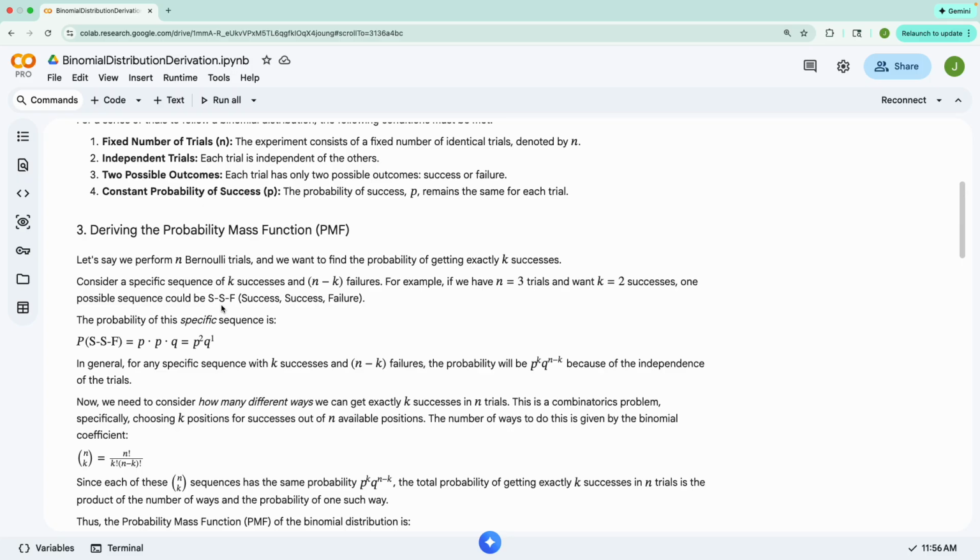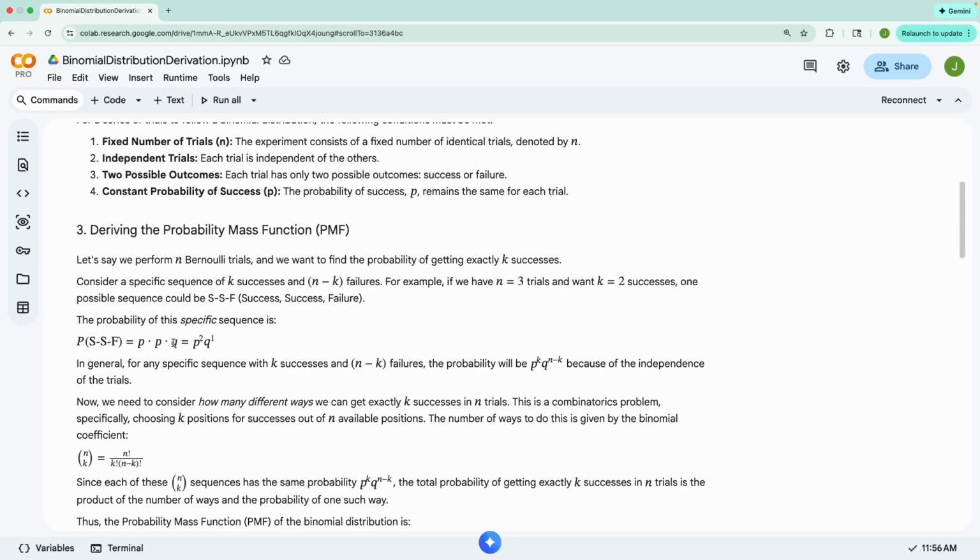One such instance of this would be success, success, failure. The specific probability for this outcome would be P times P times Q, so P squared times Q.